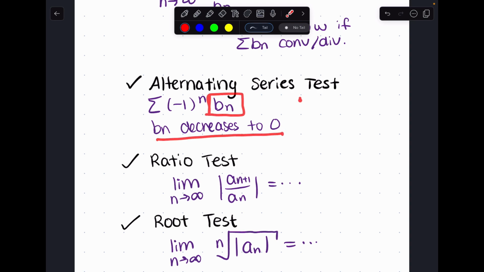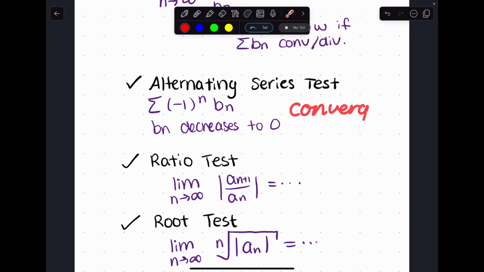So that means that b sub n plus 1 has to be less than or equal to b sub n, and the limit as n goes to infinity of b sub n is equal to 0. Those two conditions combined say that our b sub n's decrease to 0. If that's true, we have that these are convergent. If you can't show those two things, you can't make a conclusion and you have to move on to another test.